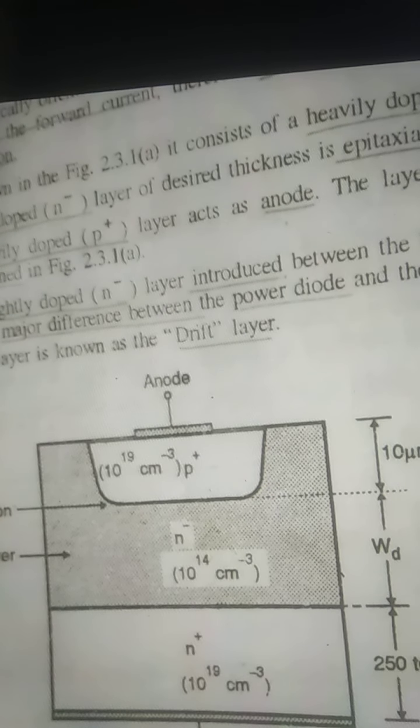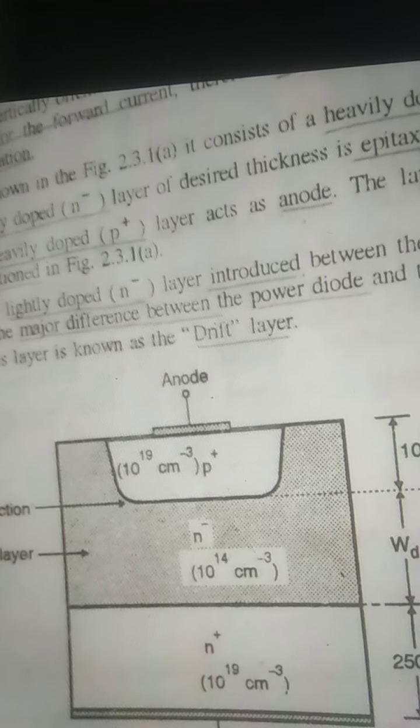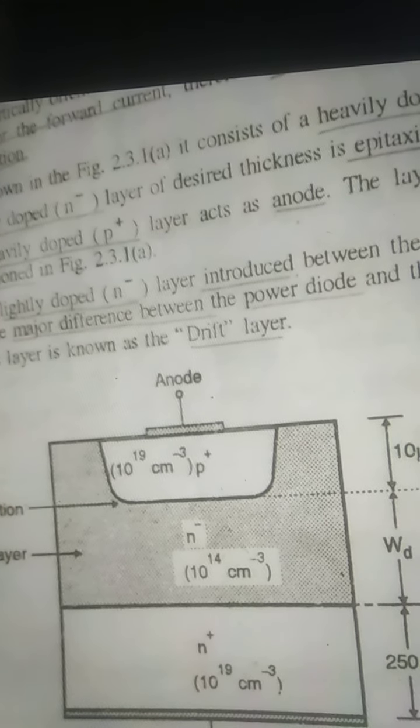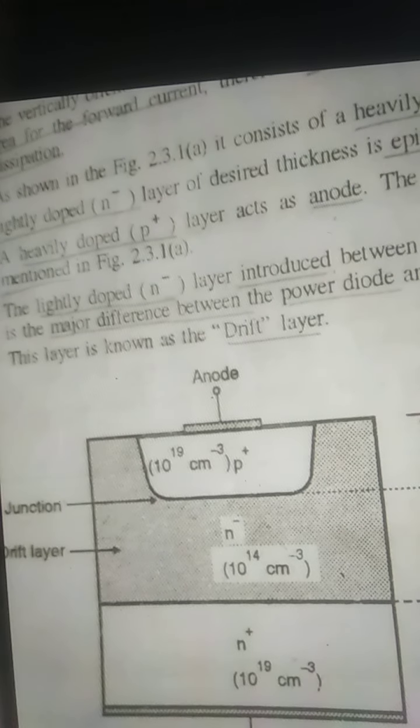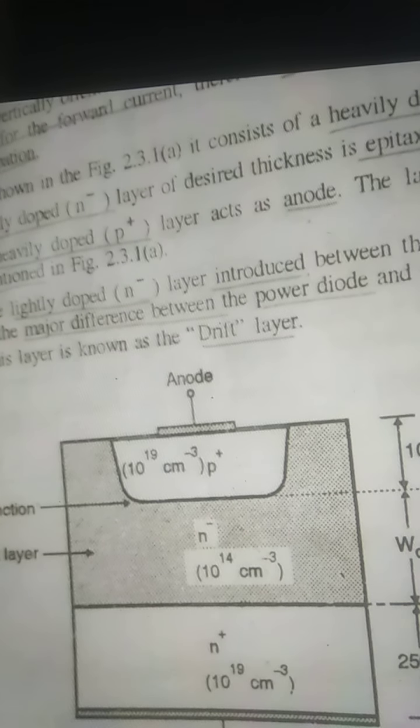So this is about the construction of power diode. Very simple construction is there, and this is the vertically oriented structure. Most of the power devices are vertically oriented structures, so as to get more area of cross section for the forward current.